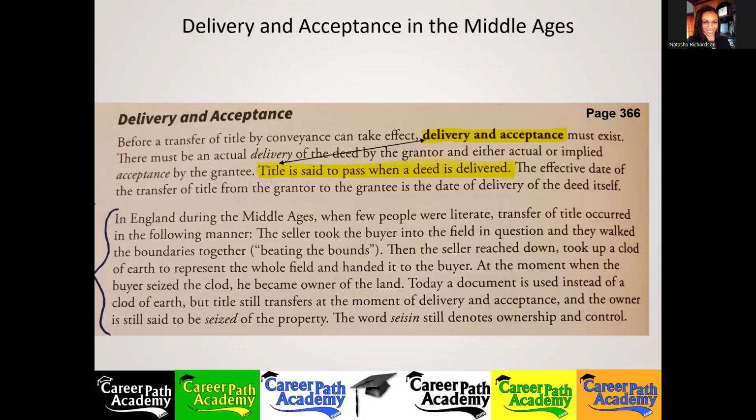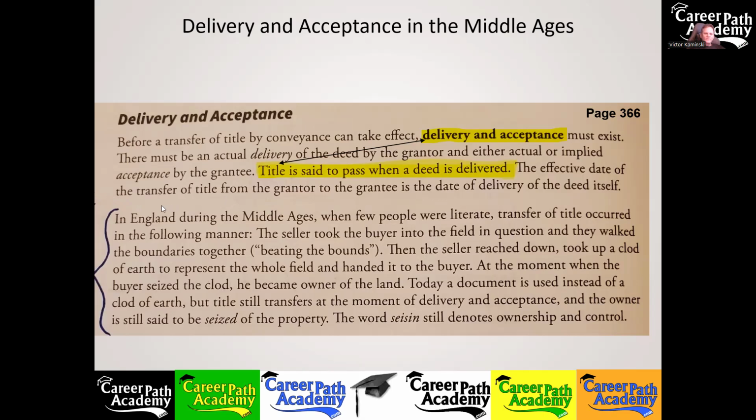If not, look it up on YouTube. You can find a lot of those videos there. A lot of those ones are pretty cool. Anyway, think of those little cheesy cartoon characters and close your eyes as I read this little story about how the transfer of ownership took place in the Middle Ages when most people were illiterate. They did not know how to read or write.